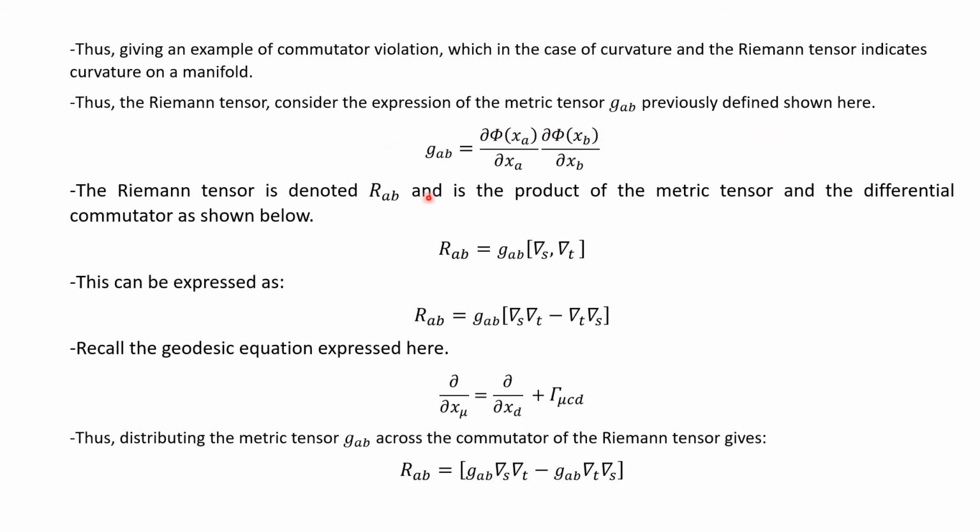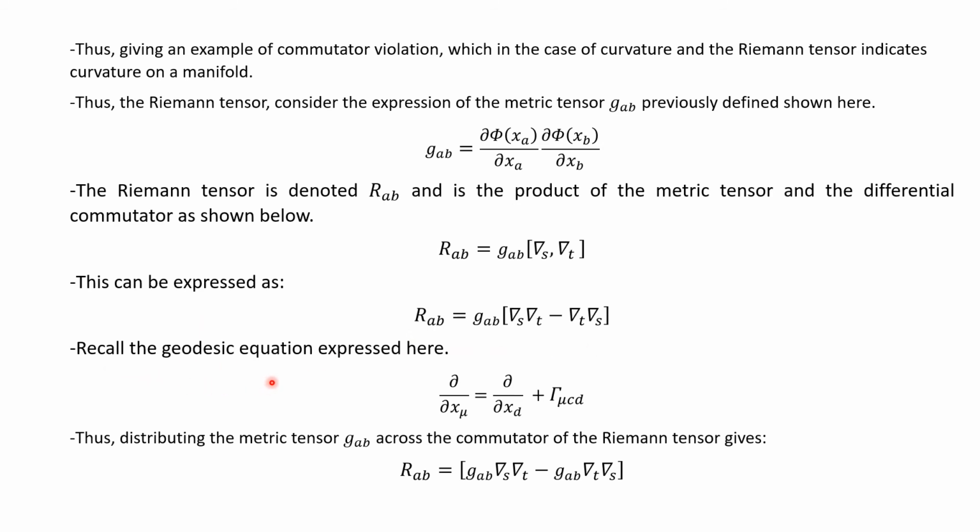This has been quite ubiquitous amongst the tutorial. This expression of the metric tensor is a product of differentials A and B. The metric tensor is denoted as we see here, and is the product of the metric tensor and the differential commutator, as shown here. Okay, this can be expressed as we see here.